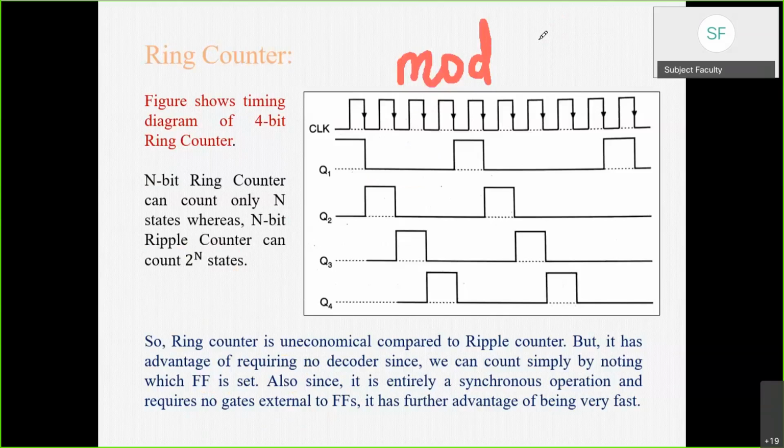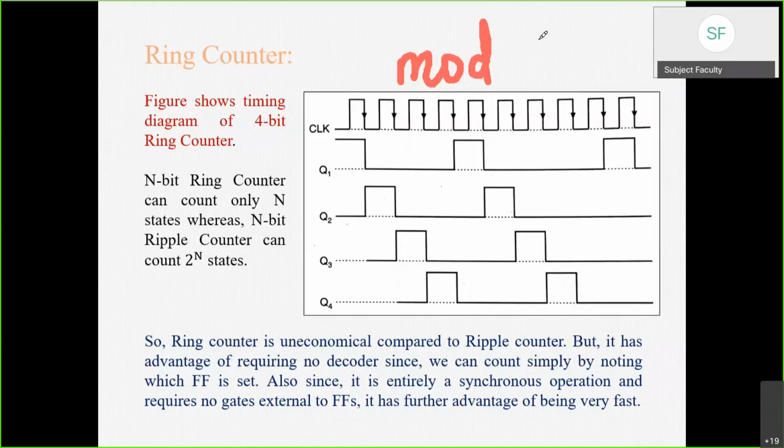We used a NAND gate in the mod 6 and mod 10 counters. Why did we use a NAND gate? In order to count the required states. You may require intermediate states like 5, 6, 7 between 4 and 8. So we used the mod counter so that you are able to count the intermediate states.